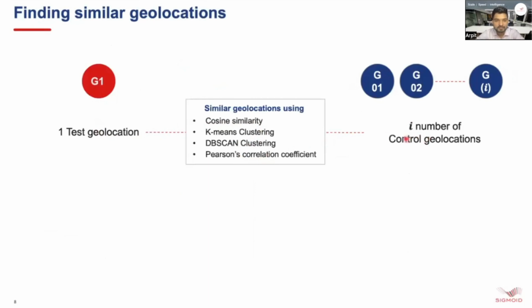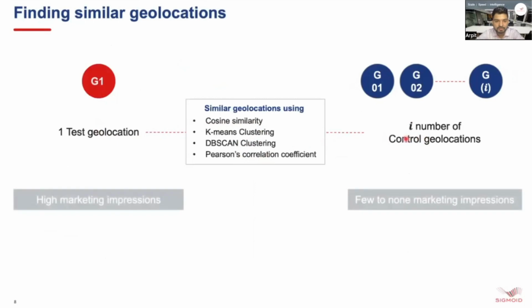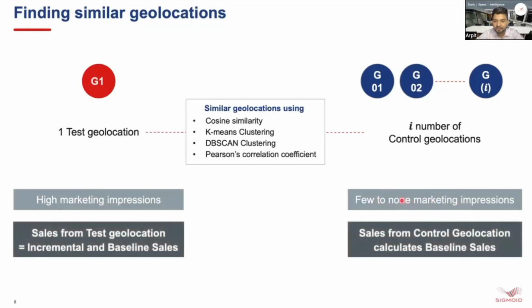When I say test geolocations and control geolocations, test geolocations are the locations which have high marketing impressions, and control geolocations have few to no marketing impressions as compared to test geolocations. So if there are few to no marketing impressions, then sales from control geolocations will be baseline sales, and sales from test geolocations will contain both baseline sales and incremental sales, that is, due to marketing activity.